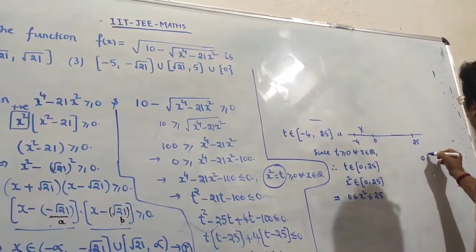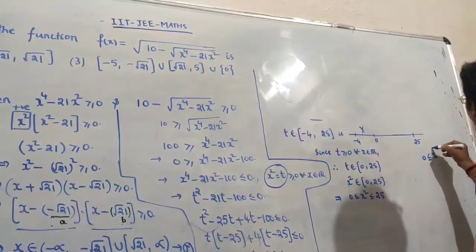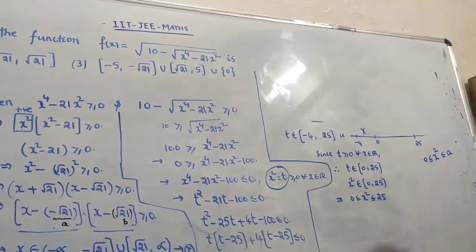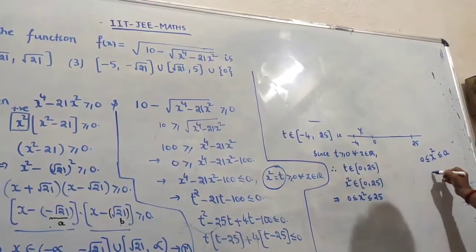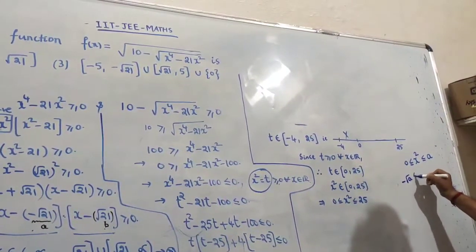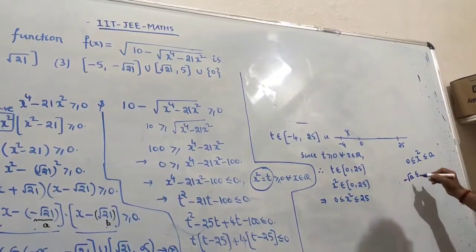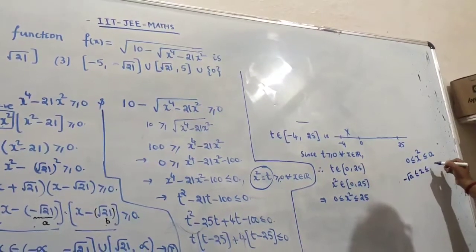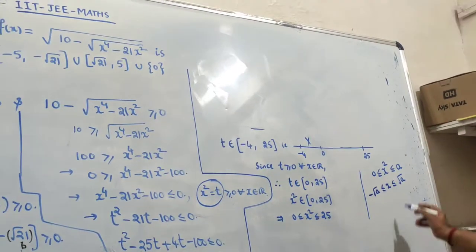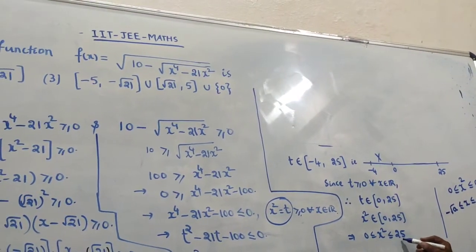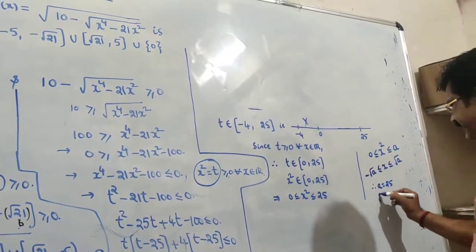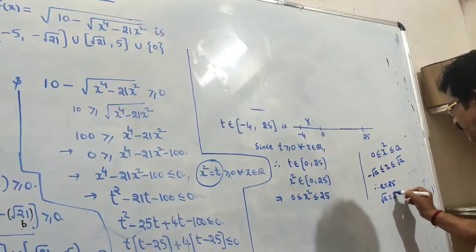If 0 less than or equal to x square less than or equal to a, then x belongs to, means, minus root a less than or equal to x less than or equal to plus root a, just like that. So here small a is equal to 25. Then root of a is equal to 5.